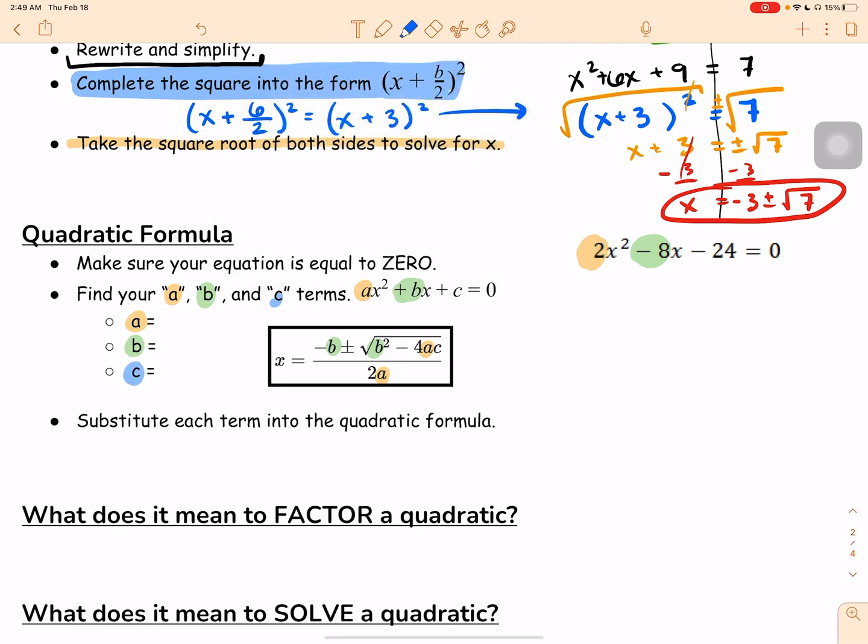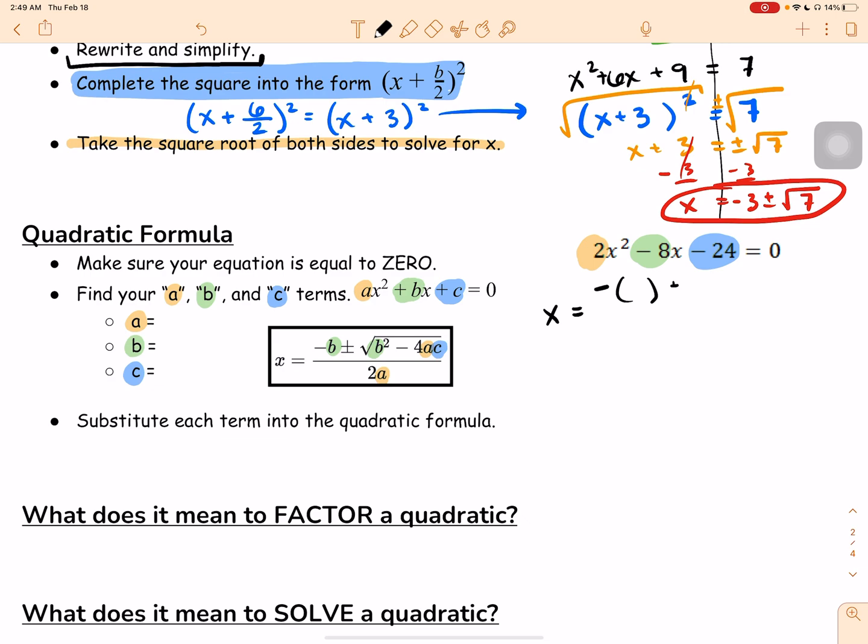And the c term, right there, that one's the negative 24. So do not give up on this. Many mistakes I saw were the algebra with simplifying after you already put it into the quadratic formula. So just go very slow and carefully, okay, if you're struggling.